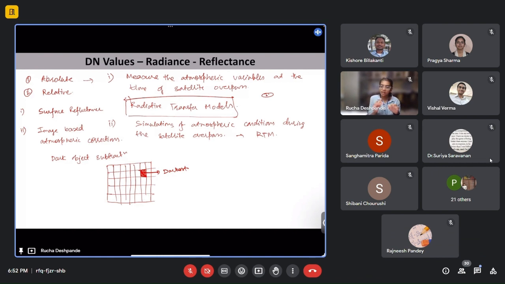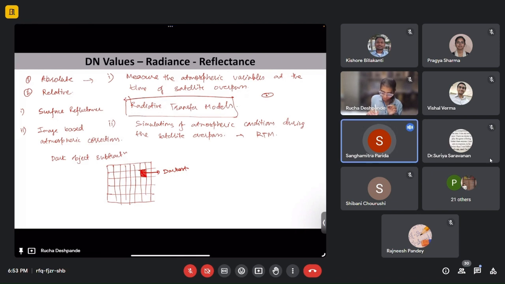So here the assumption is that the darkest water body will have the lowest reflectance value, and whatever the DN value is appearing for this pixel, it is because of the path irradiance. So we just subtract that value, and we assume that over this entire region, the path irradiance is constant. So we subtract the same value from all the pixels.